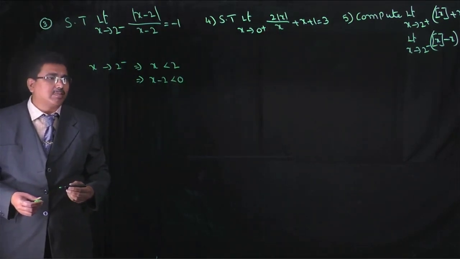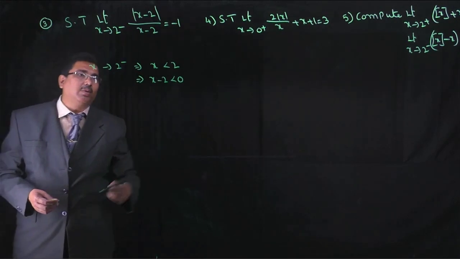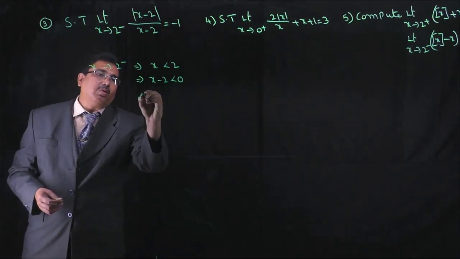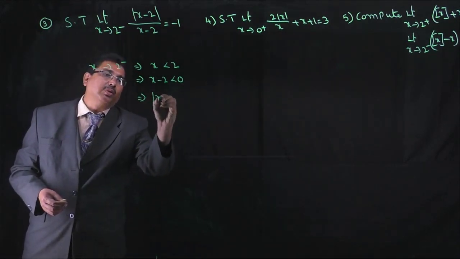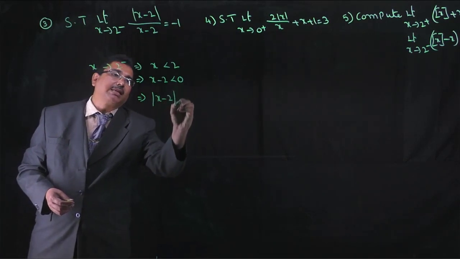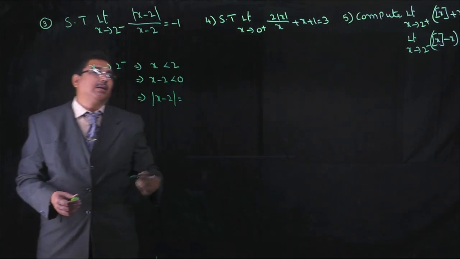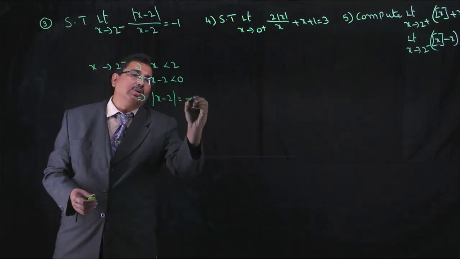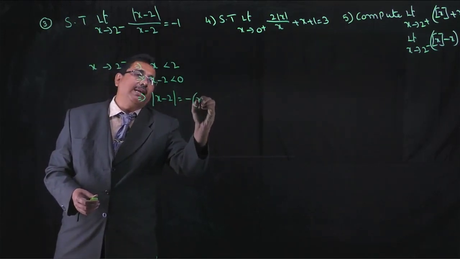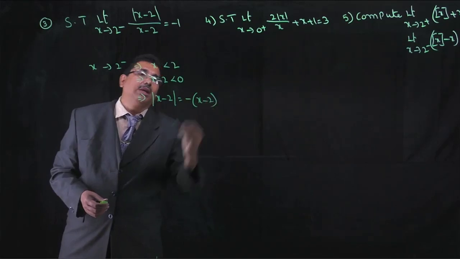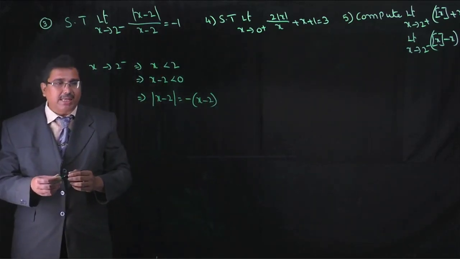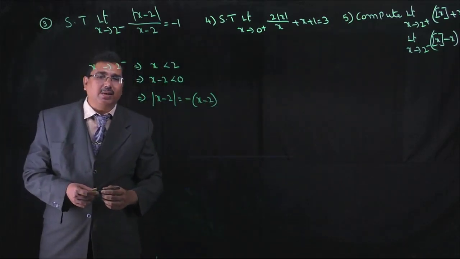If x minus 2 is less than 0, that implies by the definition of modulus, modulus of x minus 2 is equal to minus of x minus 2, since x minus 2 is less than 0.